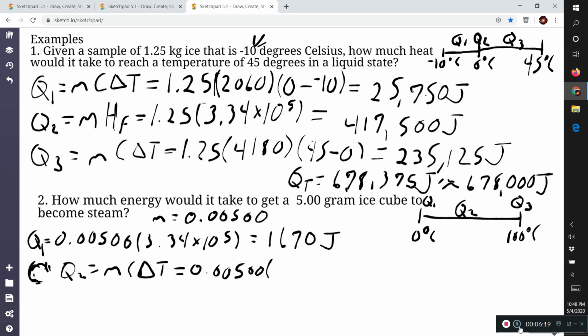Our C in this case would be the specific heat of liquid water, which is 4,180. Got to be careful there. And then our delta T would be 100 degrees Celsius. And so when we do that, we get 2,090 joules.